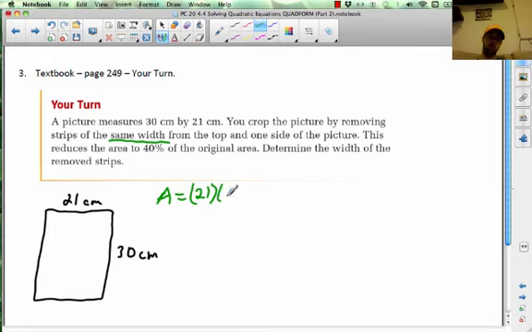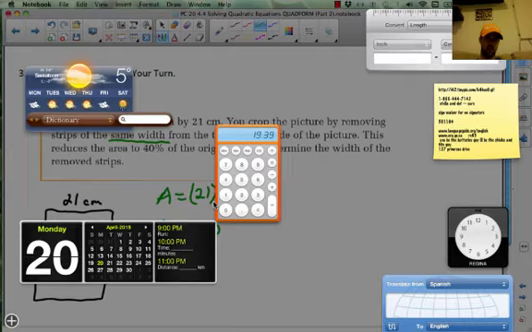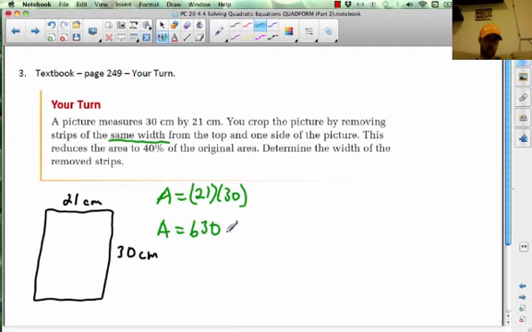It's 21 by 30. So the area equals 630 centimeters squared.